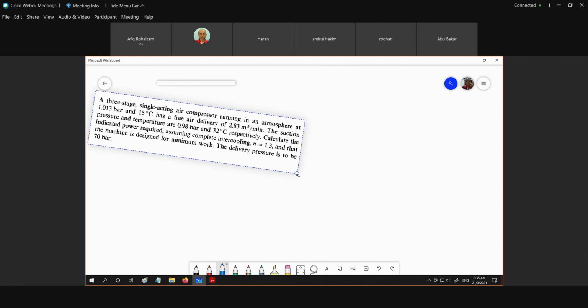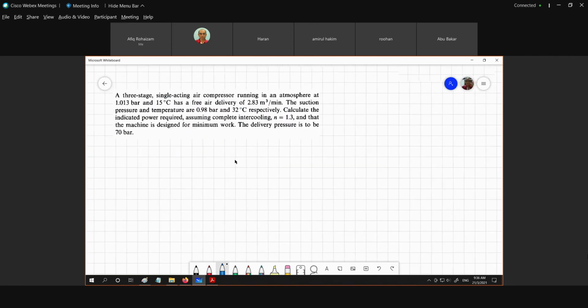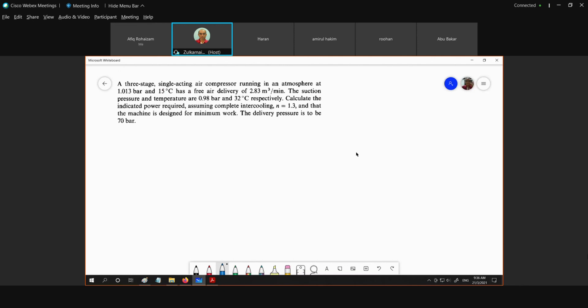A 3-stage single acting compressor running in an ambient at 1.013 bar and 15 degrees C has a free air delivery of 2.83 meter cube per minute. The suction pressure and temperature are 0.93 bar and 32 degrees C respectively.